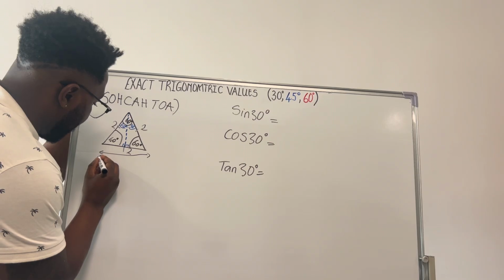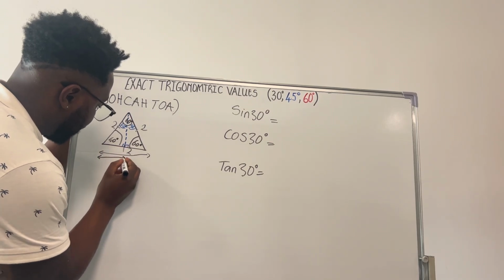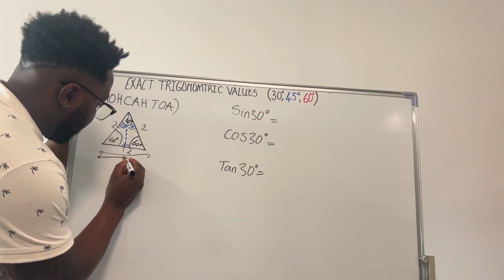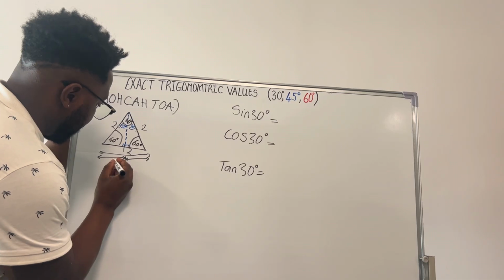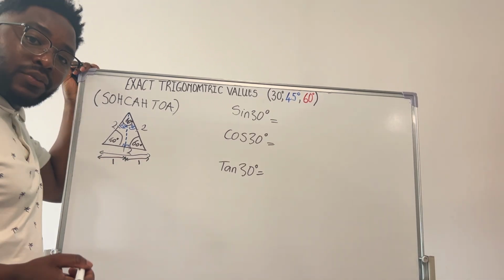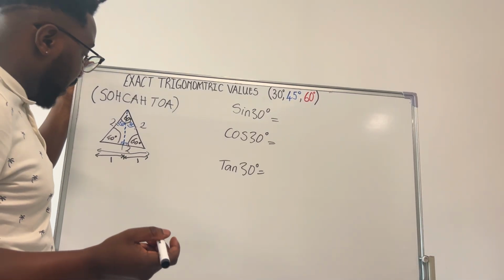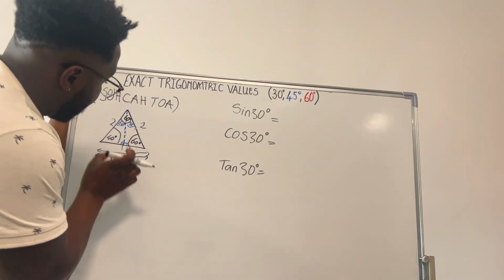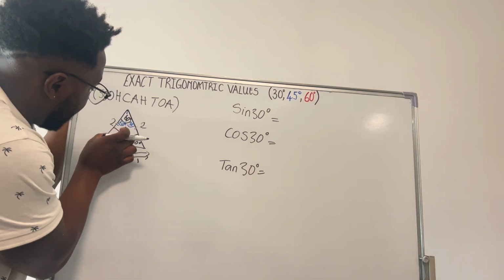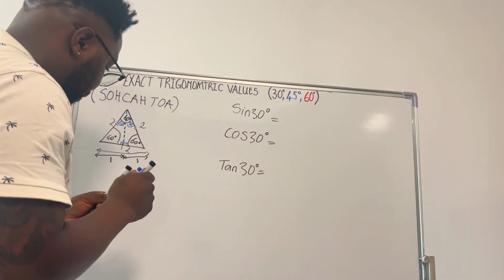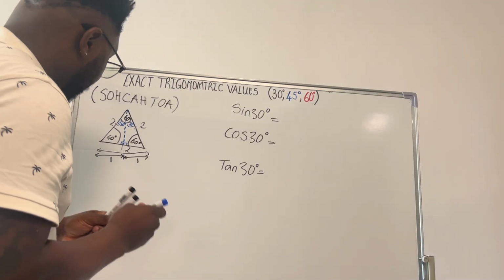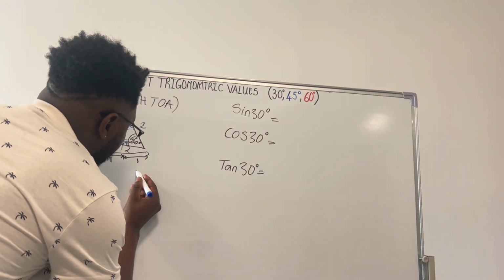So we can say that this part to this part, and this part to this part, is 1 and 1. Yes? Okay, so then let's now take this right triangle over here. I'll just draw it for visual. So it's like that.